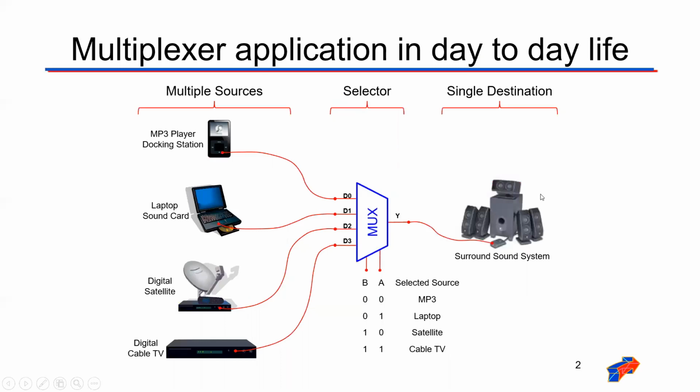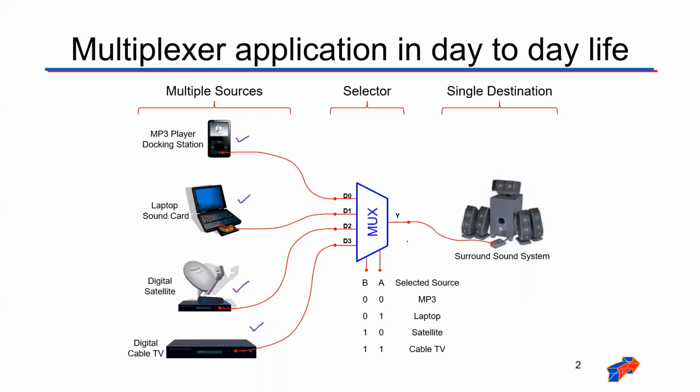You are having only one audio system at your home, but you are having plenty of applications. You are having your MP3 player connected to this, your laptop connected to that, your TV connected to that, your digital cable TV connected to that.